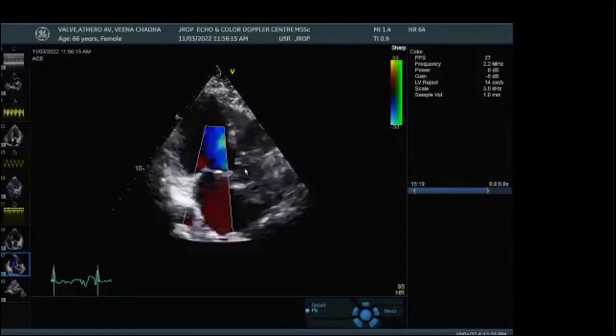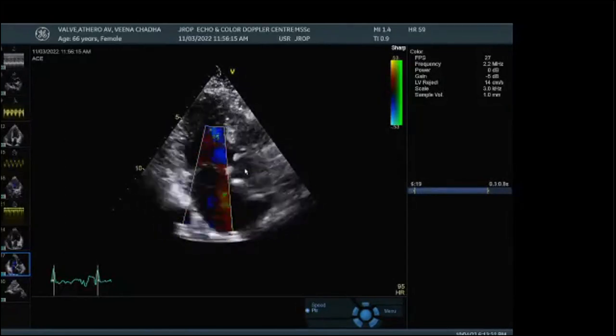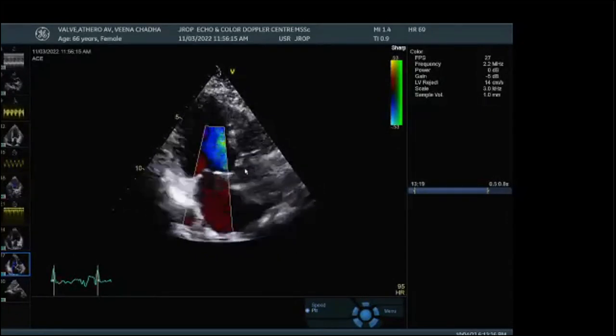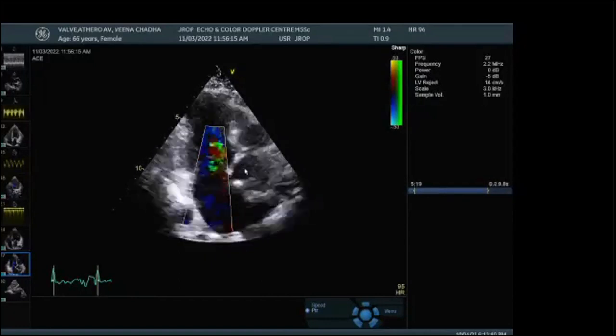Sir, once again, please tell me how will we change the baseline and the scale in the machine? Okay. Rina, show me that.